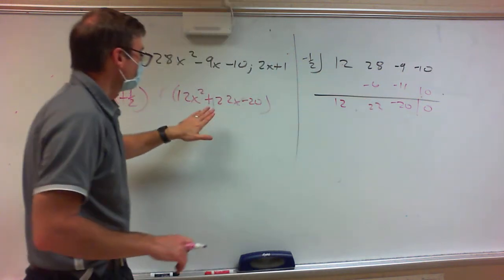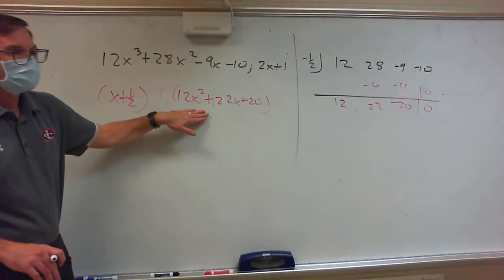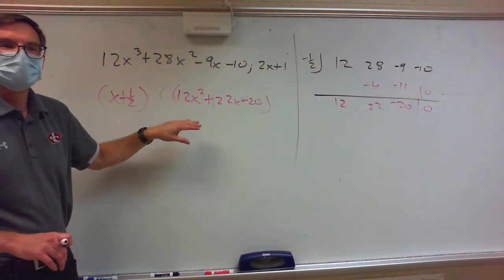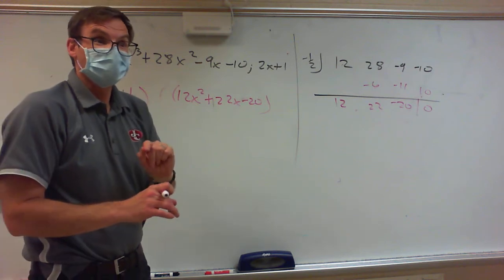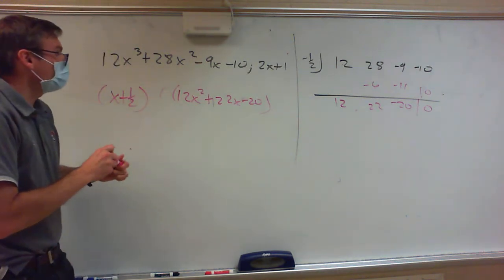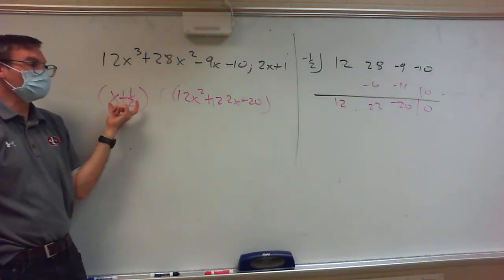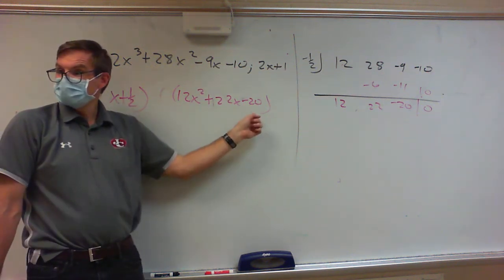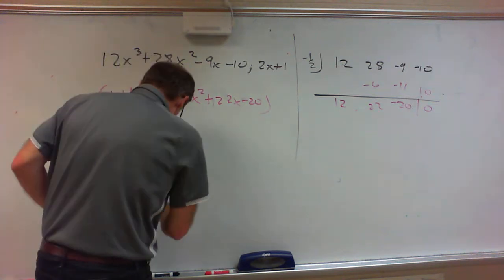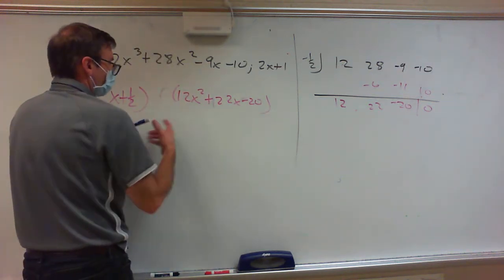All right. So now, I want to clean this up because I don't like having a fraction in my final answer. Do you notice there's a 2 in common in this? So we're going to factor a 2 out of this part.